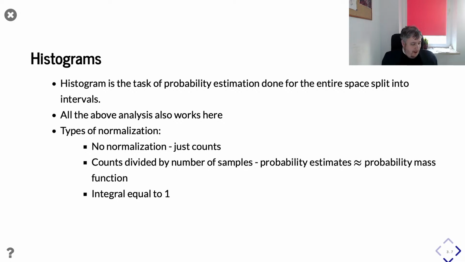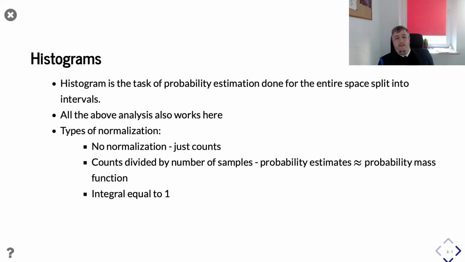And generally, in practice, we use three types of histogram normalization. One is no normalization, so we just display counts, and this is just statistics of the data. This is the hardest to interpret as a probability distribution. The other option is to divide the counts by the number of samples in advance.